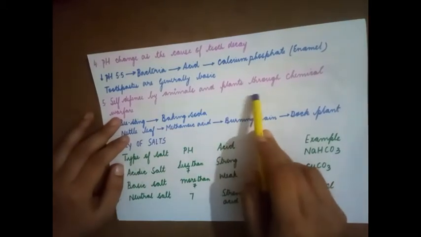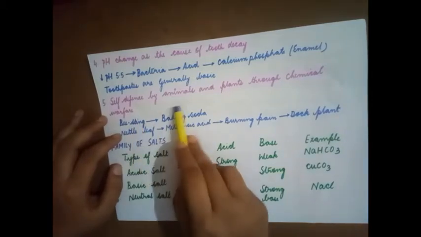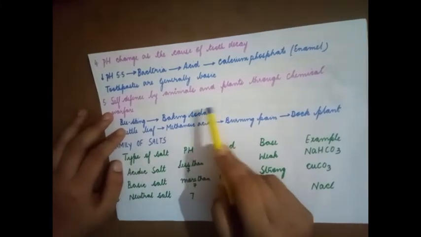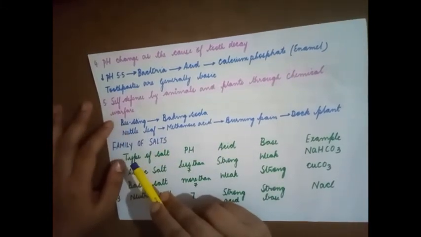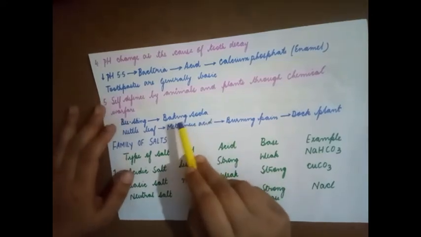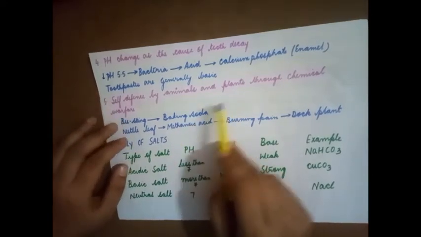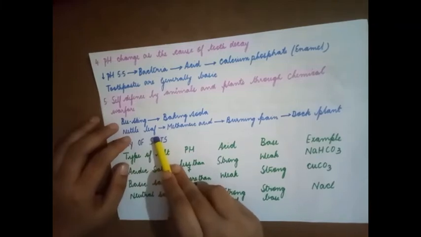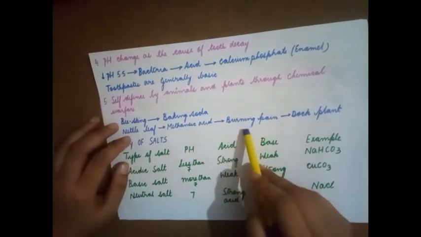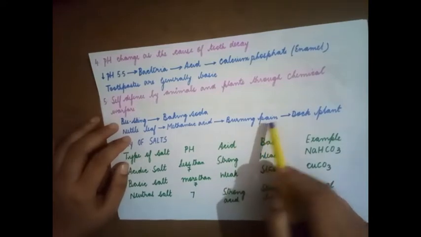Self-defense by animals and plants through chemical warfare. Now a bee sting is acidic in nature. That's why baking soda is applied, so that it relieves an individual of the pain. Nettle leaf injects methanoic acid, so it causes burning pain.